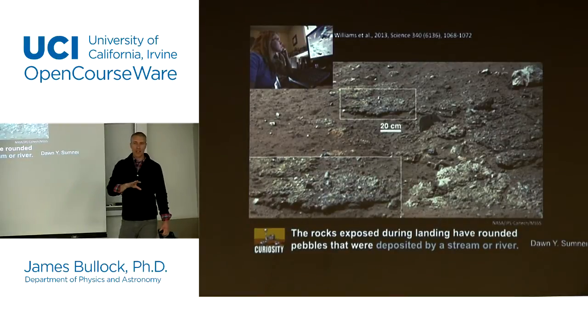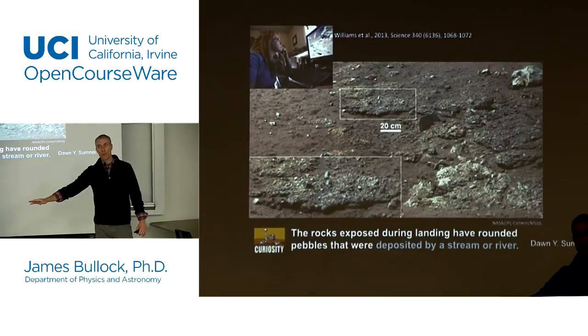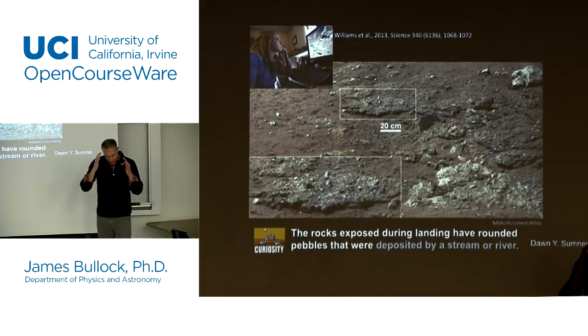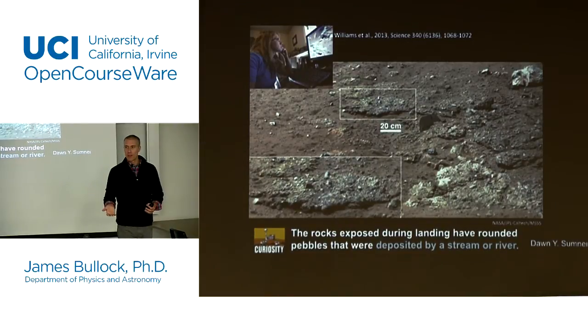That is, it looked exactly like the kind of structures that you see deposited by a water flow. So the first thing they found when they landed is that they seemed to be at the bottom of an ancient riverbed that might have had flowing water on it in the past.